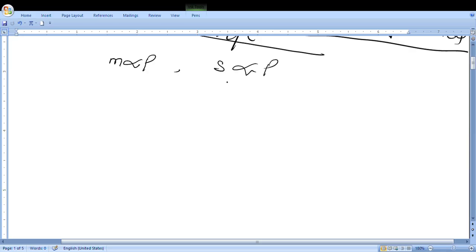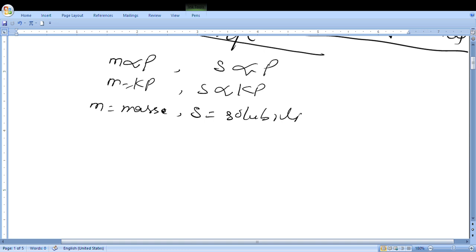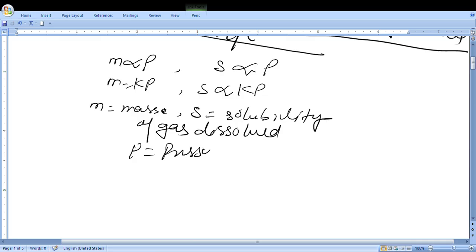S will be directly proportional to P. So m is equal to K into P, S is equal to K into P. m is the mass or S is the solubility of gas dissolved, P is the pressure that is exerted on the surface of liquid, and K is a constant.